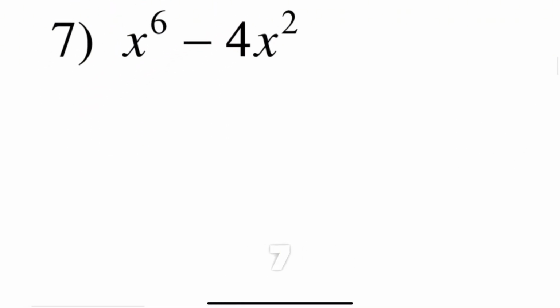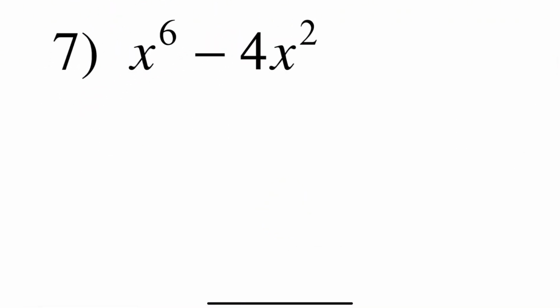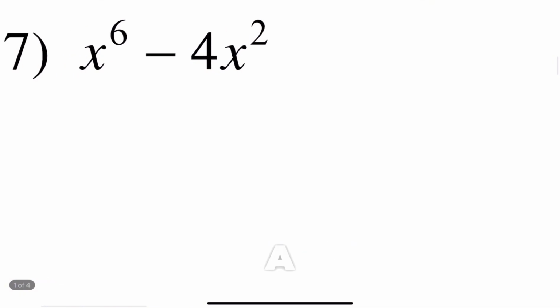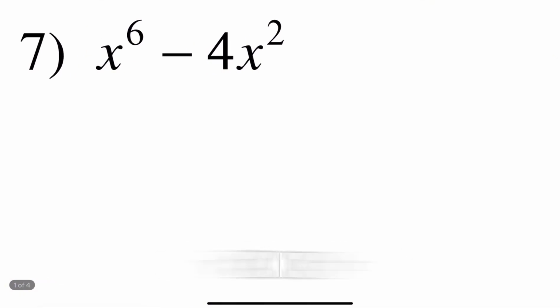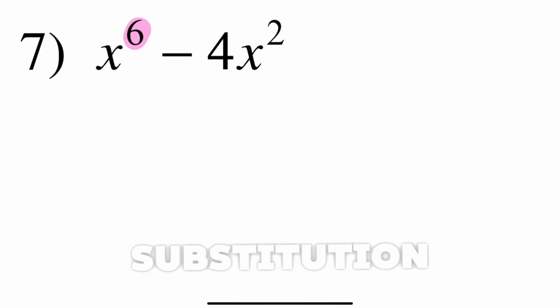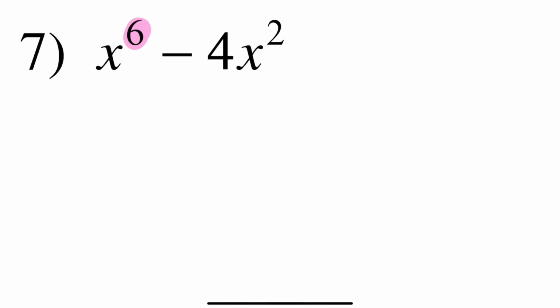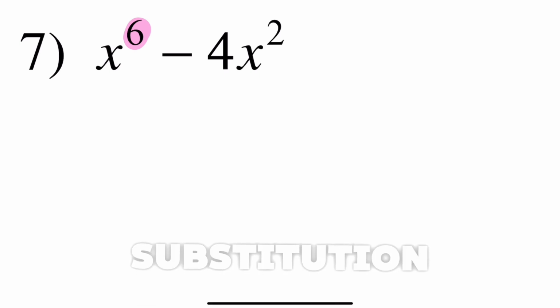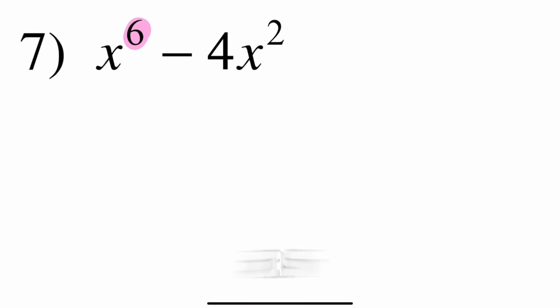Let's move to number 7, okay? All right, again, we have a high degree polynomial, so you're probably thinking, just because you saw the 6, that this is going to be substitution, okay? Possibly, it could be substitution, but what were you supposed to look at first before you looked at that 6?